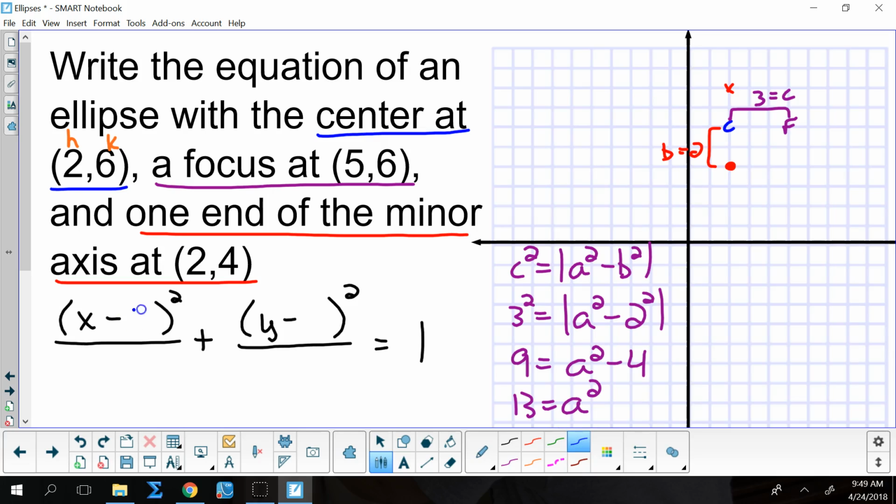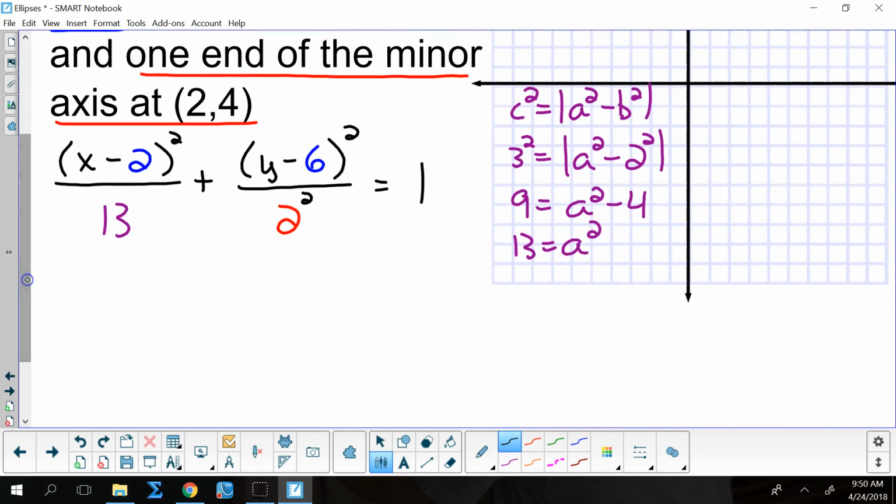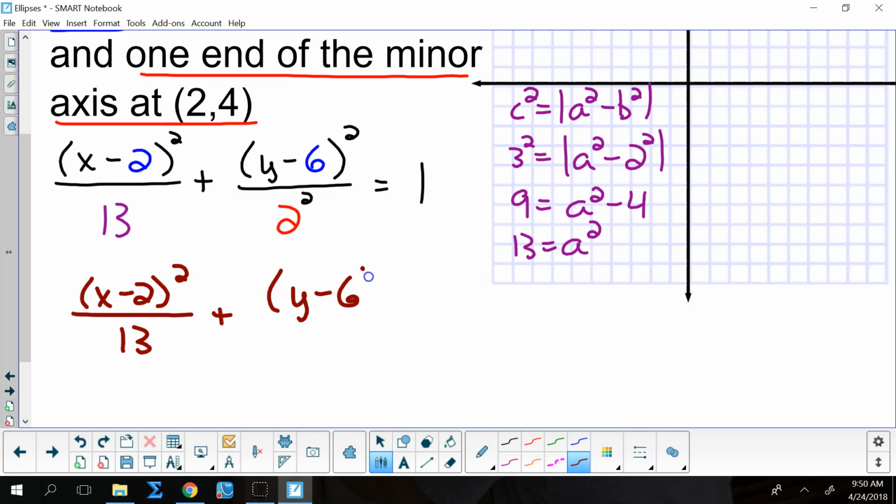So h is 2, k is 6, a squared here is 13, b is 2, and I have to square that. So I get something that looks like that, clean it all up, and I get x minus 2 quantity squared over 13 plus y minus 6 quantity squared all over 4 equaling 1.